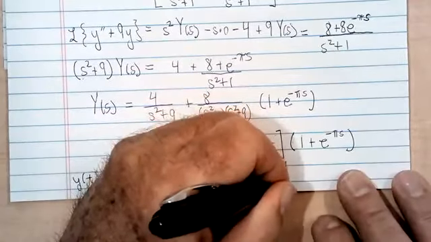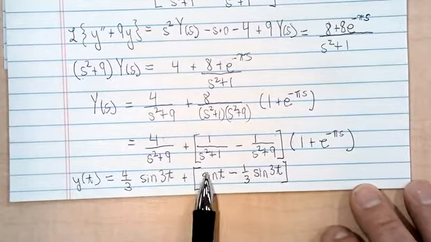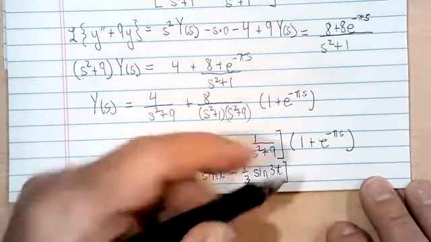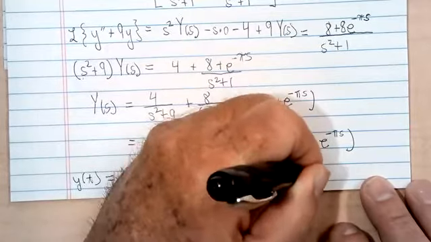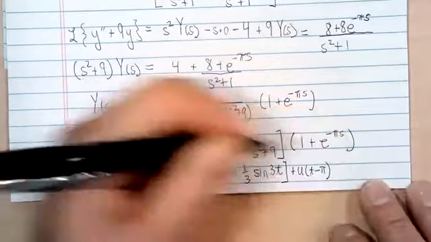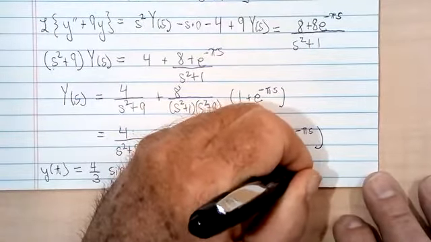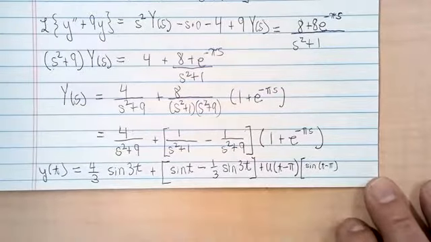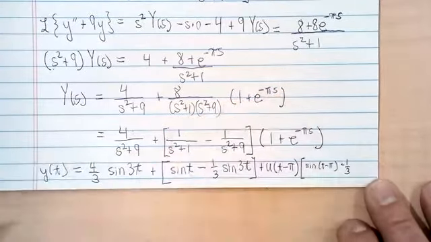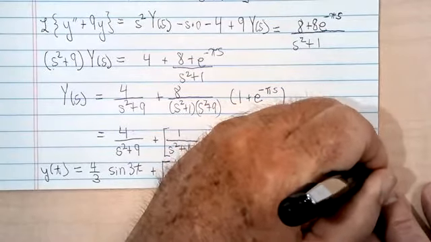I think, let me just double check. Yep, looks okay. And then we want this thing again with a shift by pi on it. Plus u of t minus pi. And it's going to be hard to get that in. Teeny tiny writing. Sine of t minus pi minus 1/3 sine of 3t minus pi.